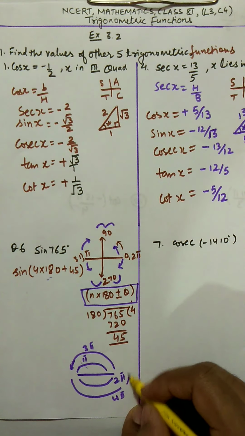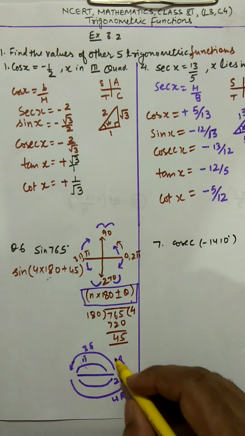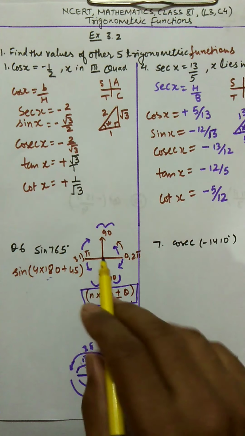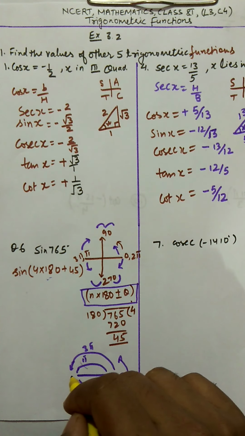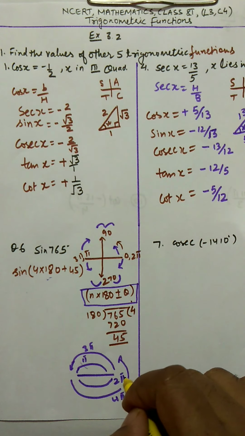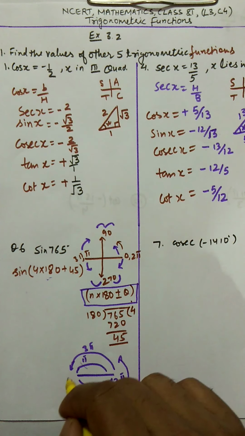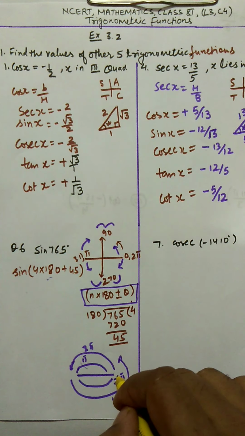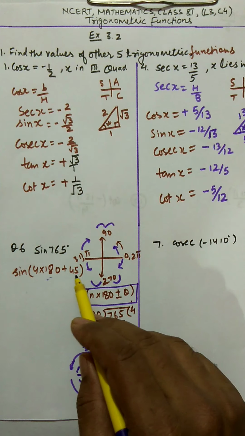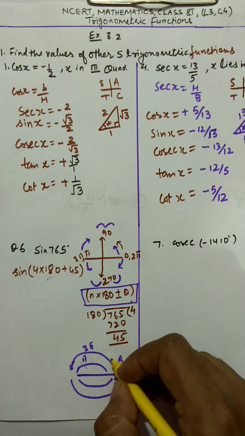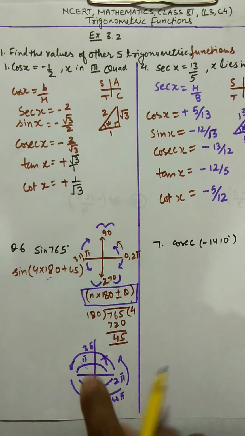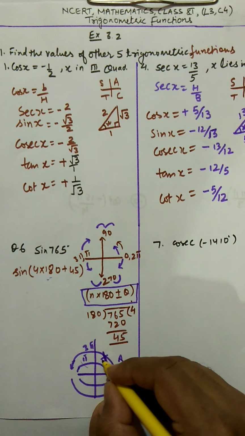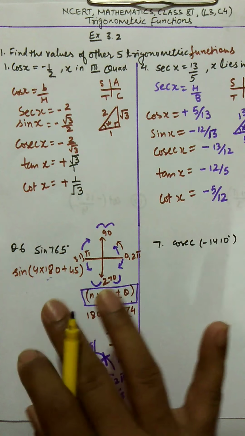And after 4 pi, you are now adding some acute angle, which is 45 degree. So ultimately you are landing in the first quadrant, so we'll discuss things according to the first quadrant.